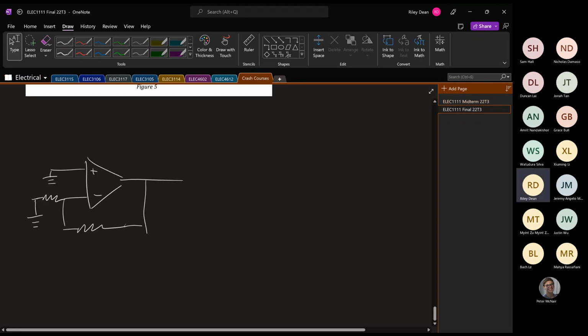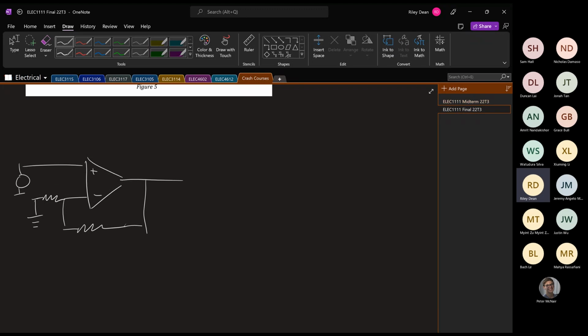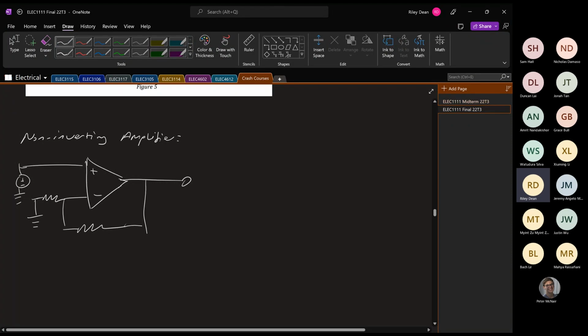So here we see if I put a voltage source here, that is our classic non-inverting amplifier. And we call it non-inverting because the input is on the non-inverting input, and it actually ends up having a positive output voltage.